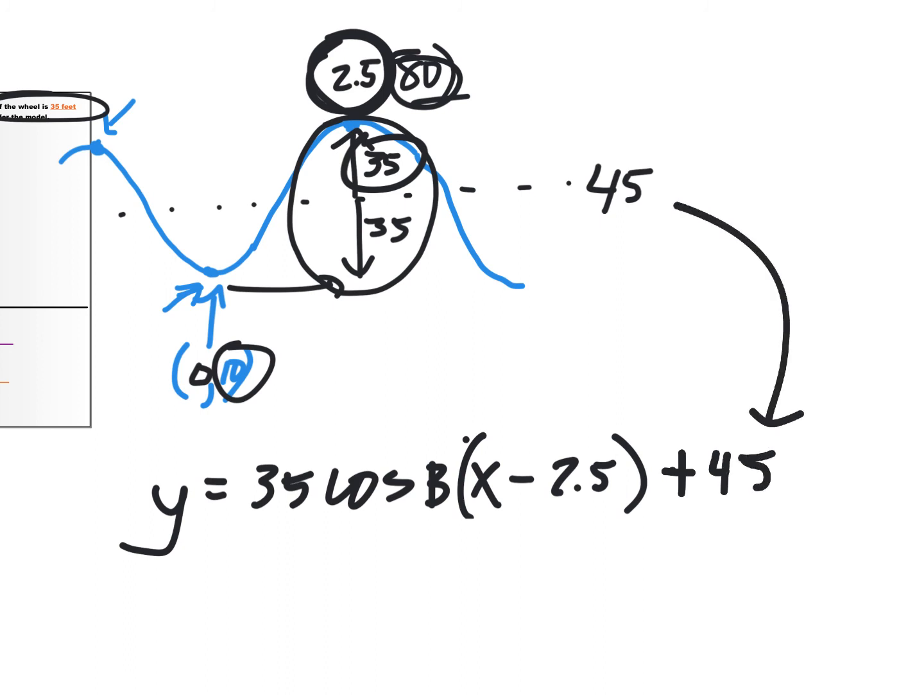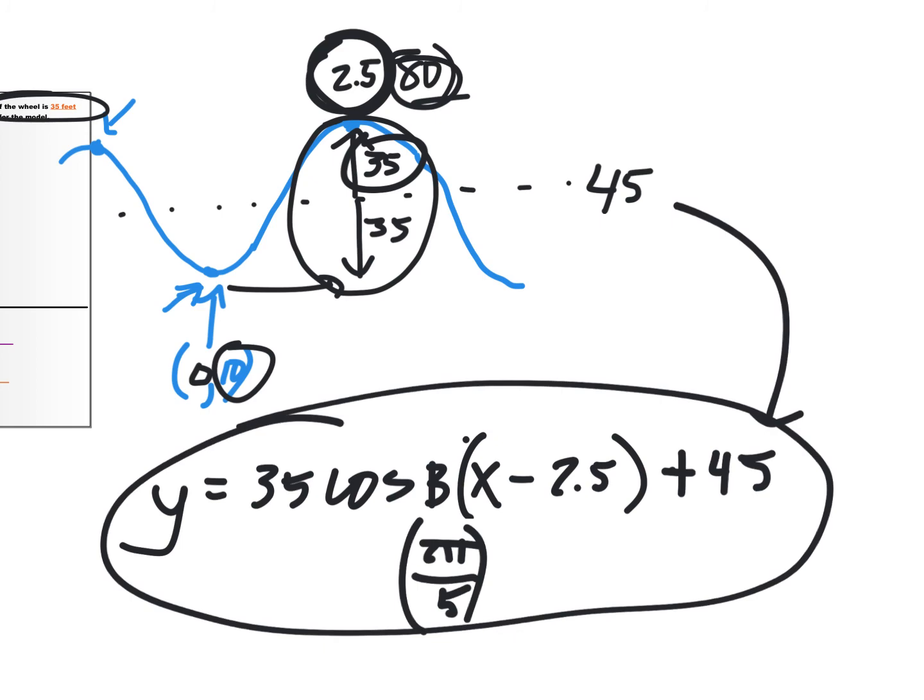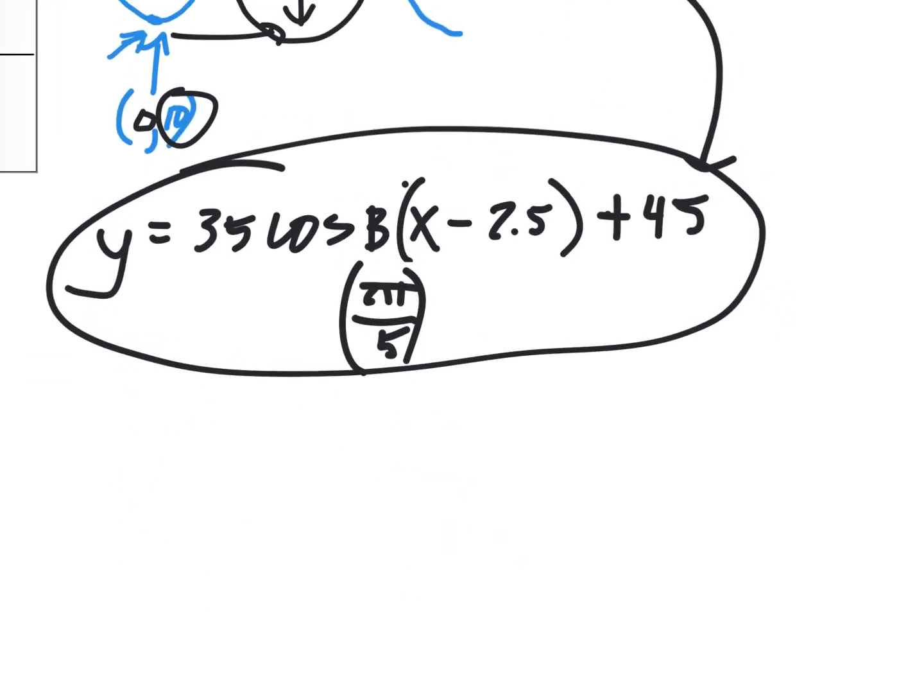That make sense? Now the B term. The B term is the hard one, and it's 2 pi over the period. And the period in this case, how long does it take to go a complete cycle? 5. So there it is. So B is 2 pi over 5. There's your equation, except put the B in, and you guys get that?